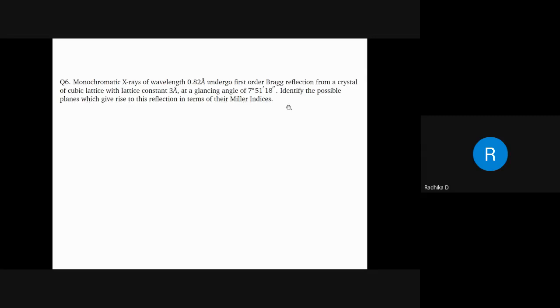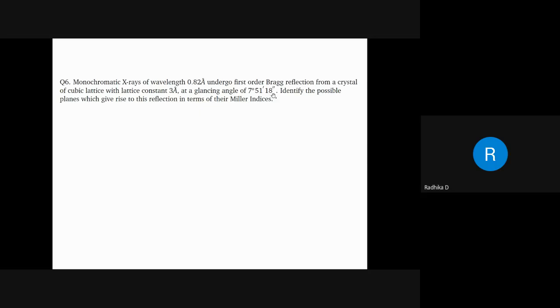So let me just list down what all are given. Monochromatic X-rays of wavelength 0.82 angstrom, that means lambda is equal to 0.82 angstrom. First order Bragg diffraction, n is equal to 1. Cubic system, that means a is equal to b is equal to c. Lattice constant 3 angstrom, that means a is equal to 3 angstrom. Theta, that's the glancing angle, 7 degrees 51 minutes 18 seconds.